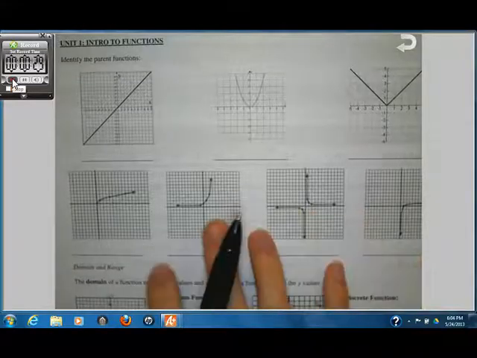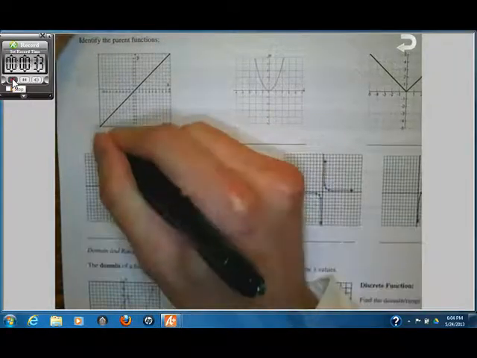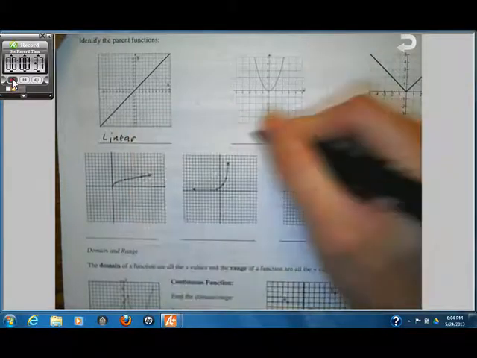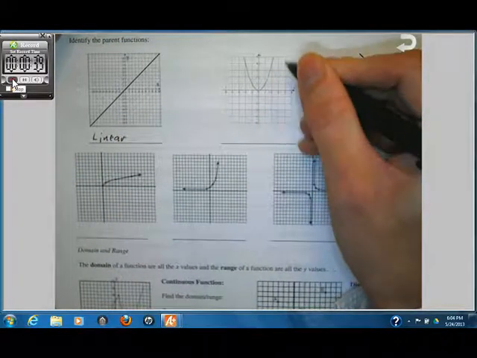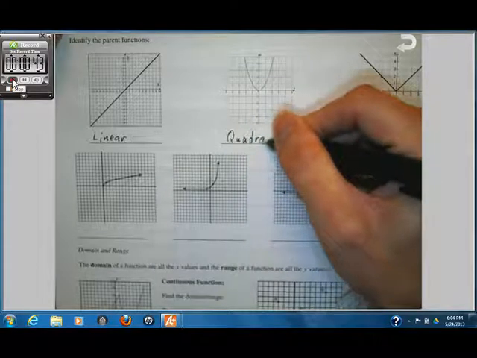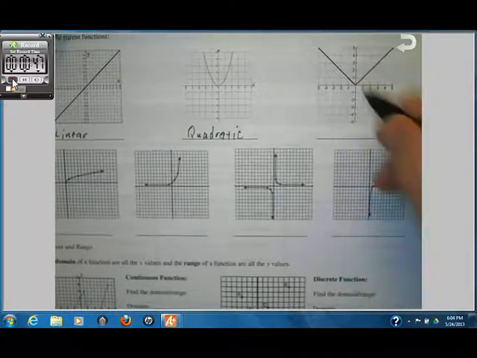So, first group of stuff is, do you know what you're looking at? This, of course, is the linear parent function. This, of course, is a quadratic. The next one, of course, was an absolute value.